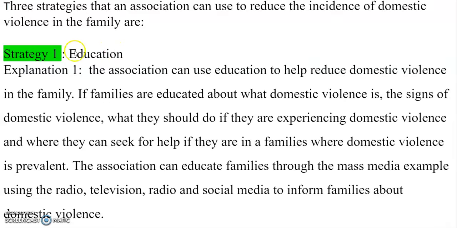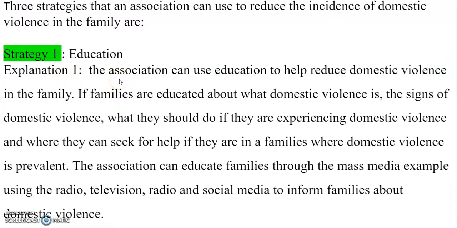Right? That's the first part of the question. Explanation. This is the second part of the question now, where you are going to explain why you think that this strategy, education, that you have written down will be successful in helping to reduce the incidence of domestic violence in families. Explanation 1.